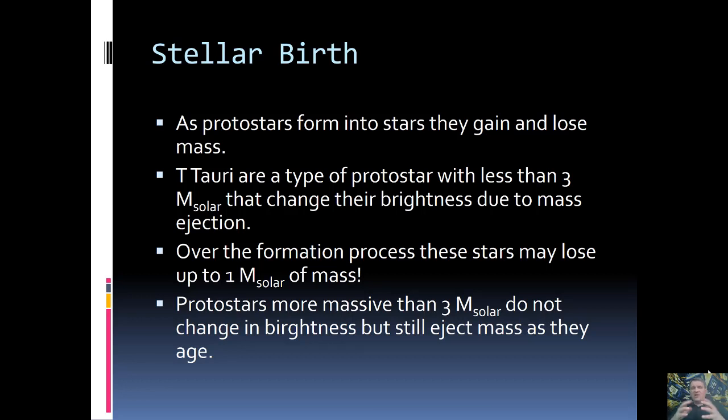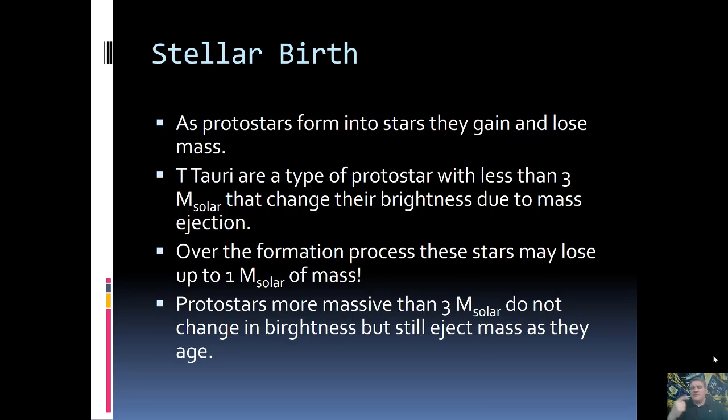Okay, so as we watch these things, they actually fluctuate brightness as they are losing material back out into the nebula. Over the formation process, these T Tauri stars can actually lose up to 1 solar mass of material, an entire sun's worth of material.